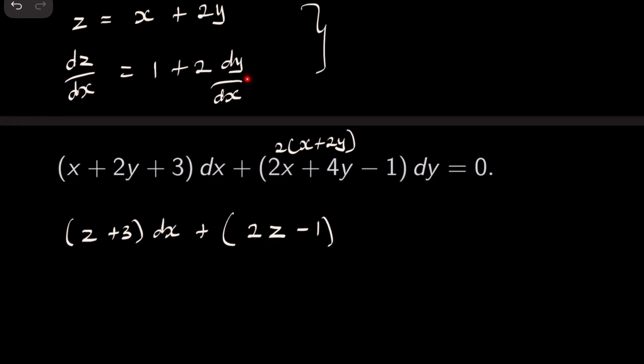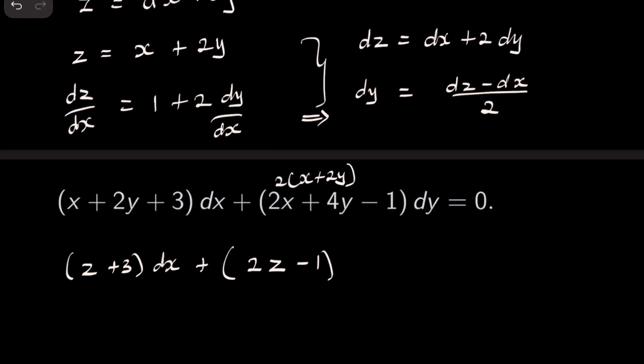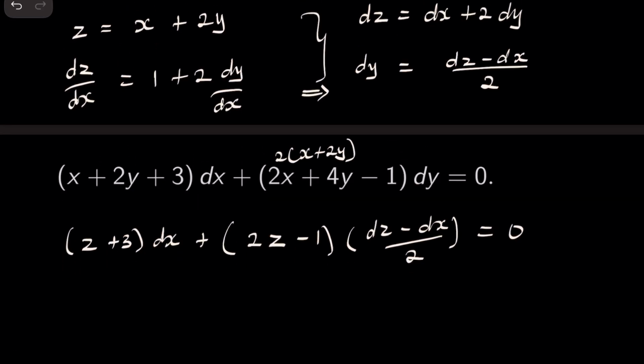So we need to find dy from this transformation. We first multiply through by dx, so dz is equal to dx plus 2 dy, implying that dy is (dz minus dx) all divided by 2. So thus we have (dz minus dx) all divided by 2 is equal to 0.